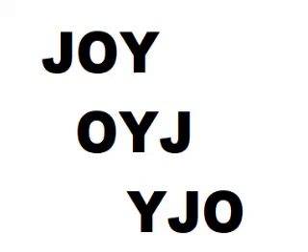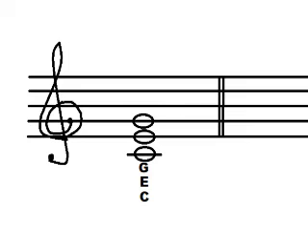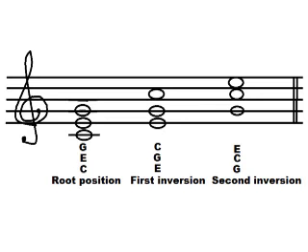That is also what we do in chords. We can have C, E, G. We can make this C the higher note, so we have E, G, C, because this one has now been brought up.